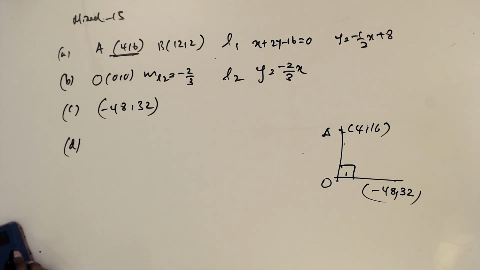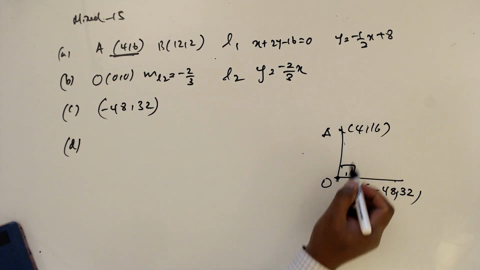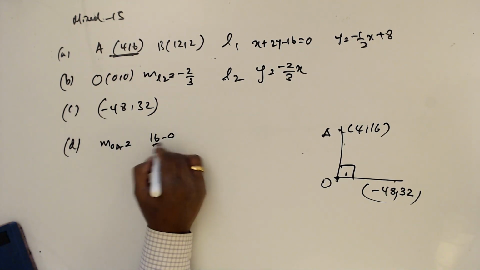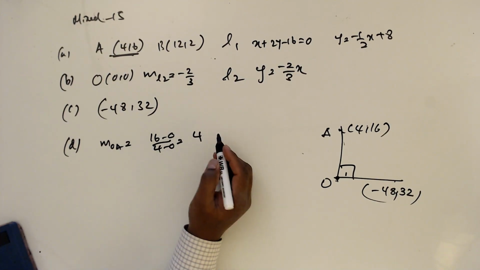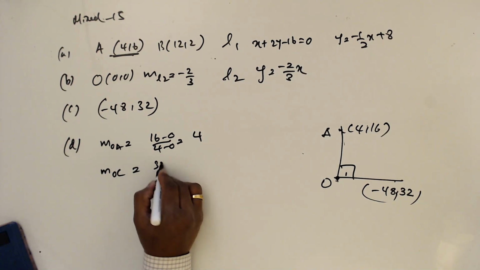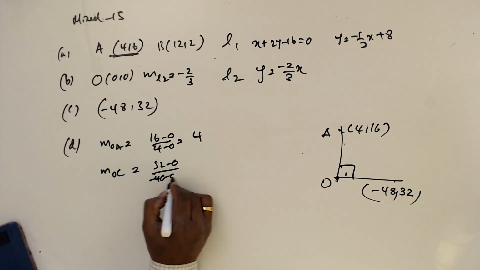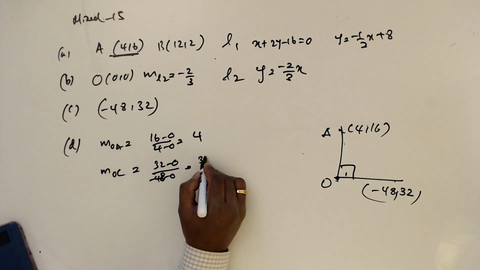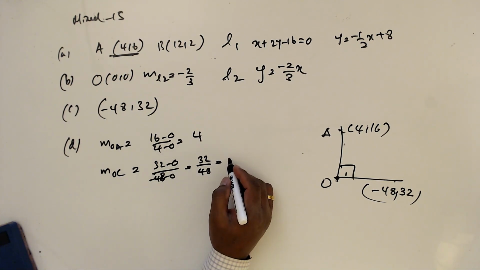So we'll find the gradient of OA. m OA is (16 minus 0) over (4 minus 0). This is going to be 4. m OC is (32 minus 0) divided by (minus 48 minus 0). So this is 32 over minus 48.